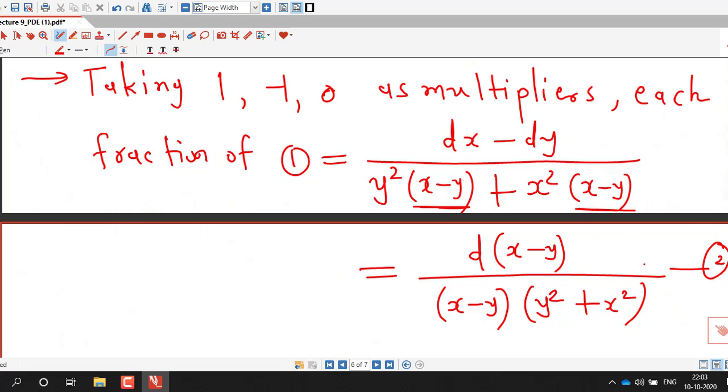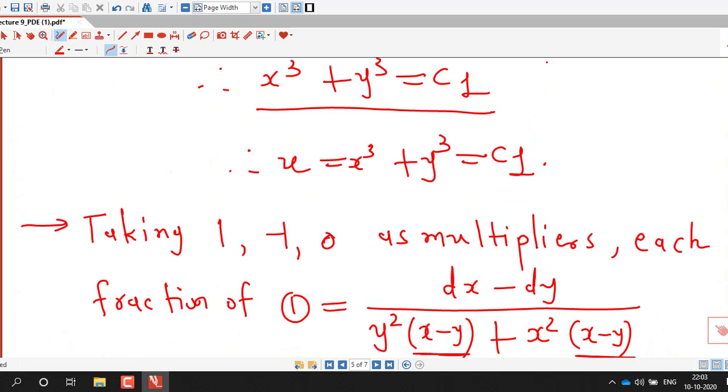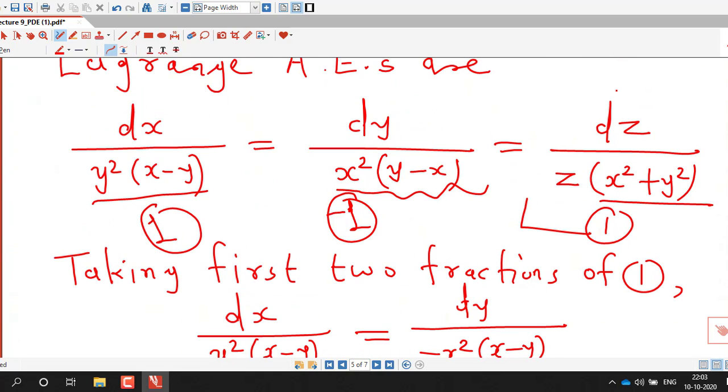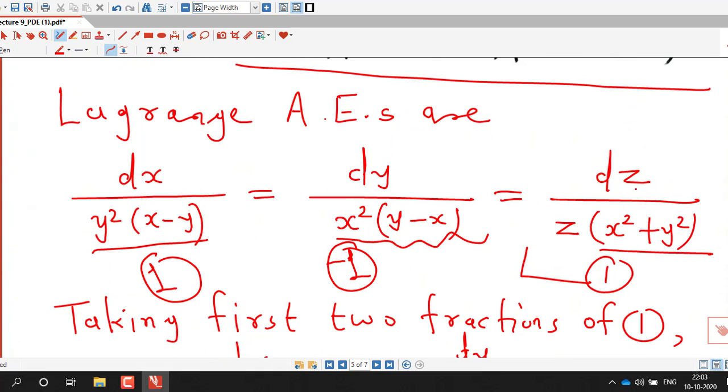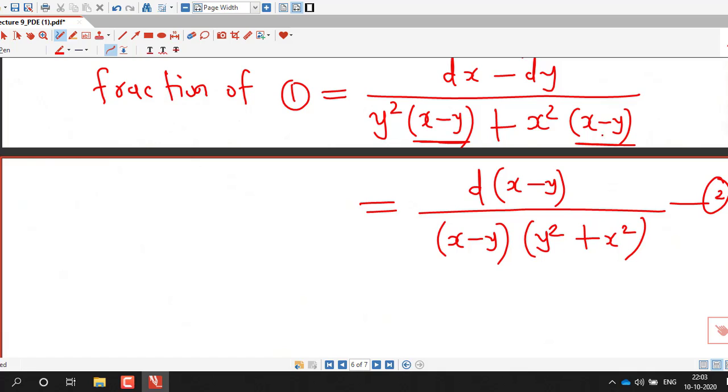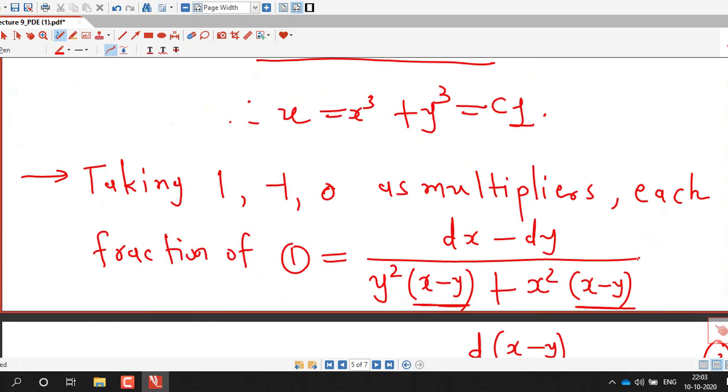Now if we observe the given Lagrange Auxiliary Equations, in the last term we have dz upon z into x square plus y square. That I can combine with this newly generated fraction, because we have x square plus y square, which will cancel out.